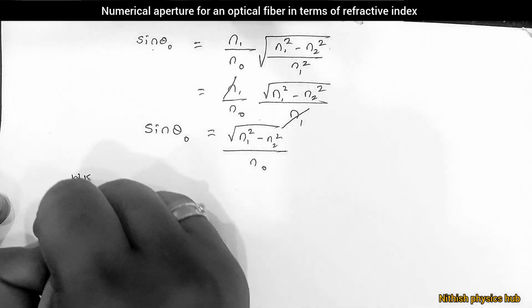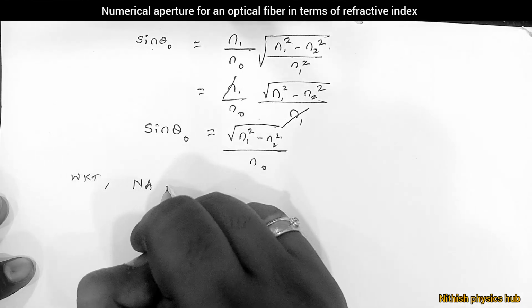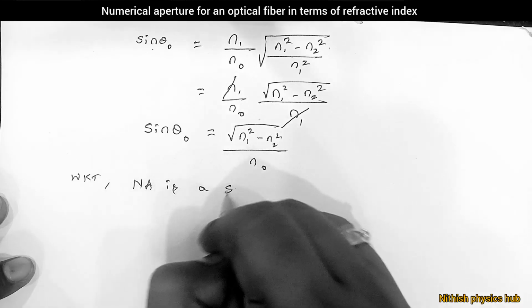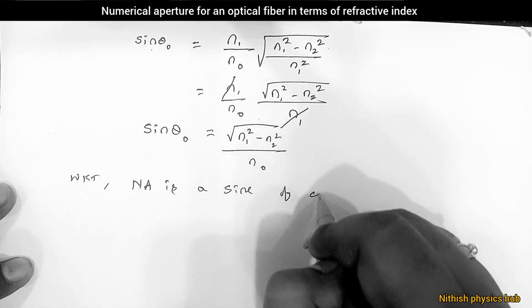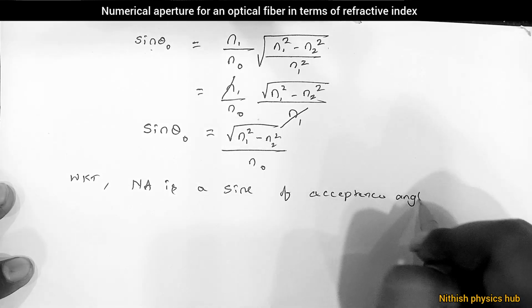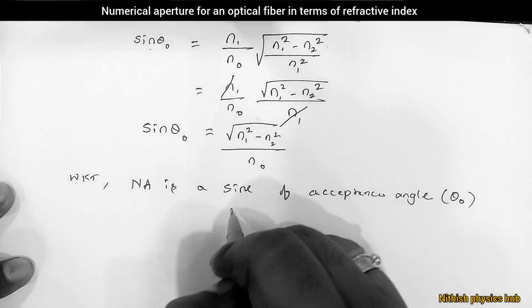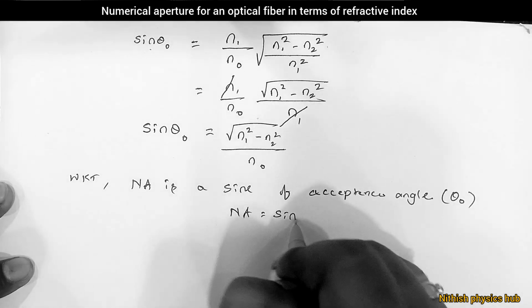And we know, what is numerical aperture? Numerical aperture is the sine of the acceptance angle, meaning the angle which has been incident, sine theta naught. So numerical aperture is given by sine theta naught.